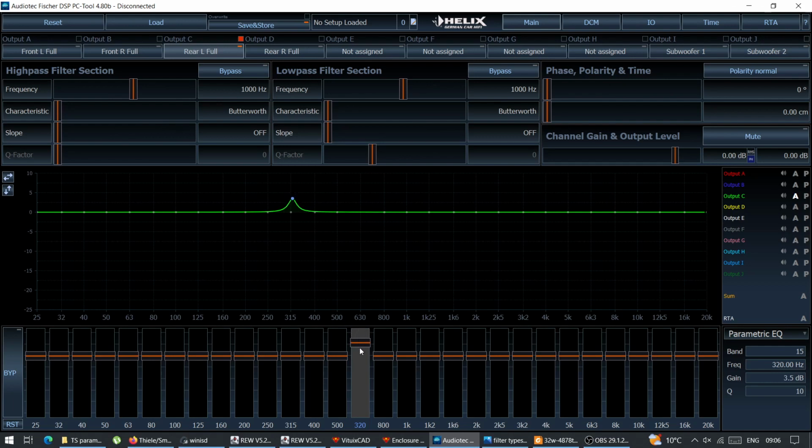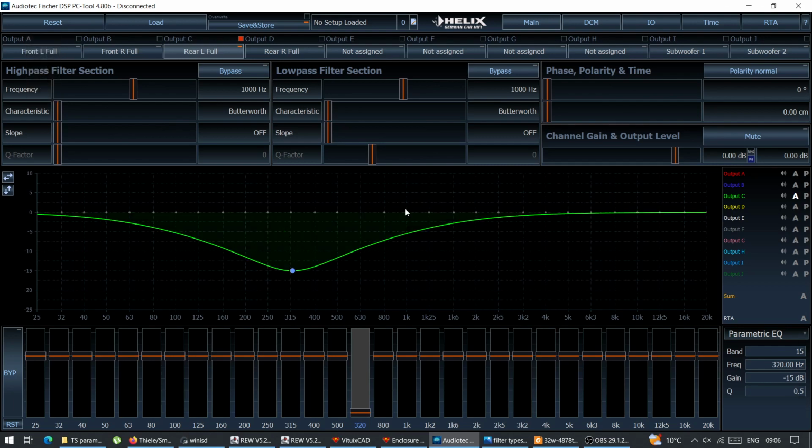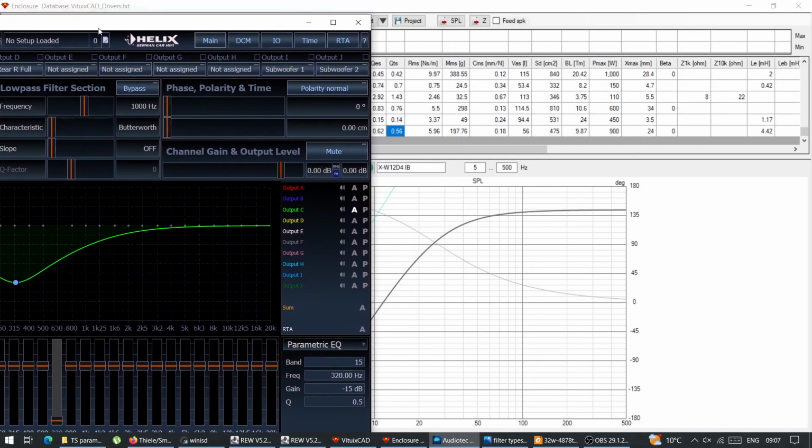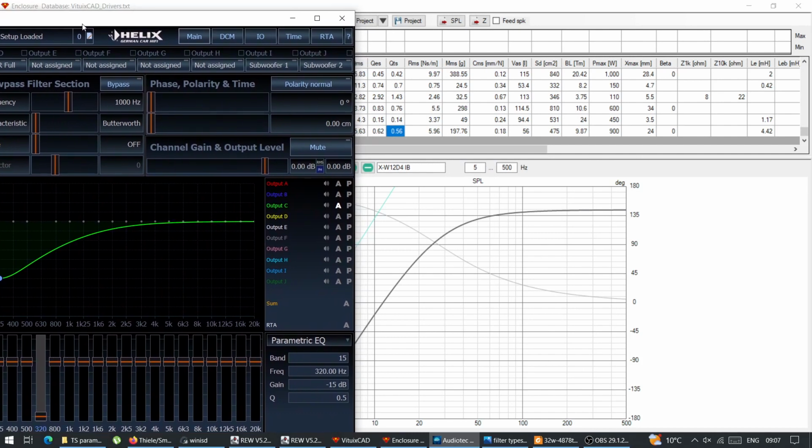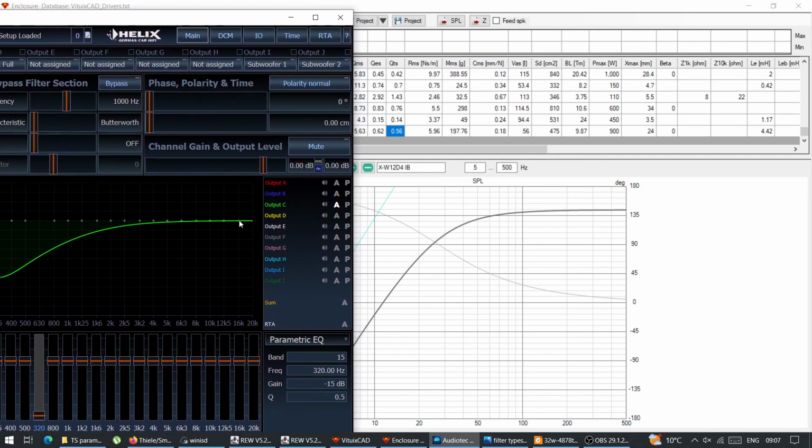So if I take a very low Q, let's say 0.5, yeah, I have a very wide cut. Now imagine if I have this frequency 315, if I just cut a line, I'm going to show you only half of it. What does this curve look like? This looks like a crossover.